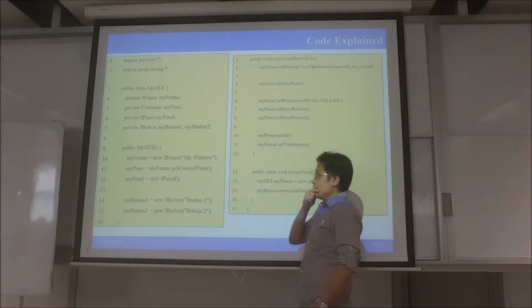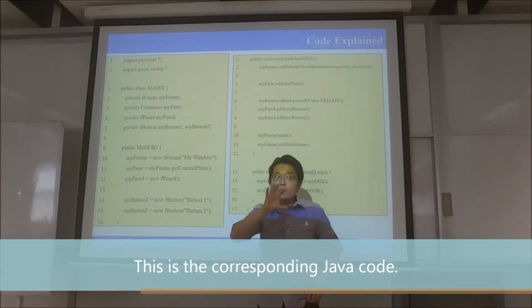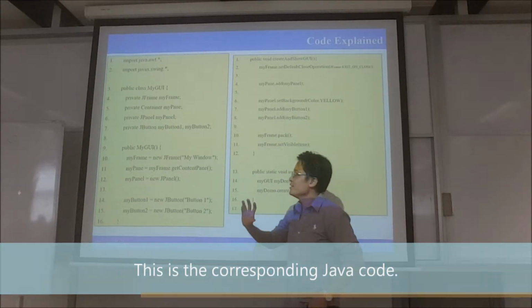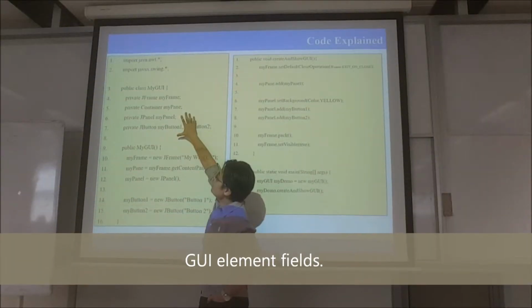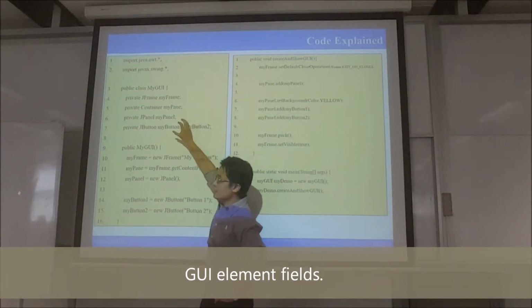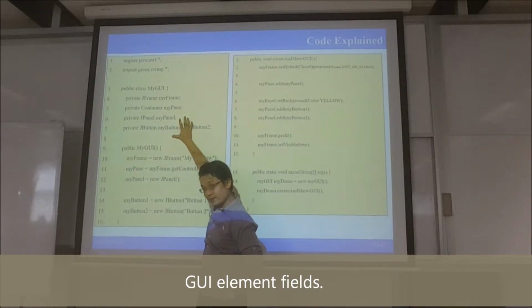Now it's going to be time consuming to go line by line. I'm going to explain them group by group. Now from line 4 to 7, these are the GUI containers and GUI components that I need. So I declare them first. But there are no objects yet, right?